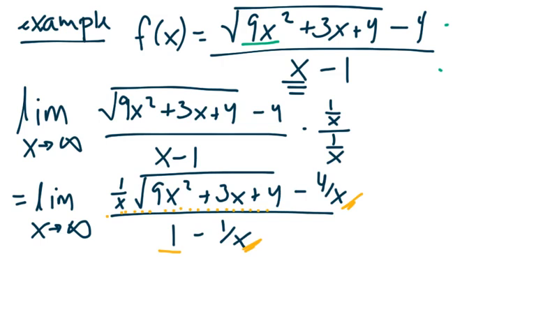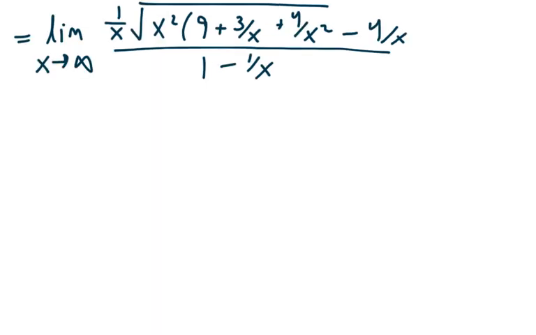So what I'm going to do is factor an x squared out of all the terms inside of the square root. Factoring the x squared out of all these terms gives us this expression, and now we can start to think about bringing the x squared outside of the radical.